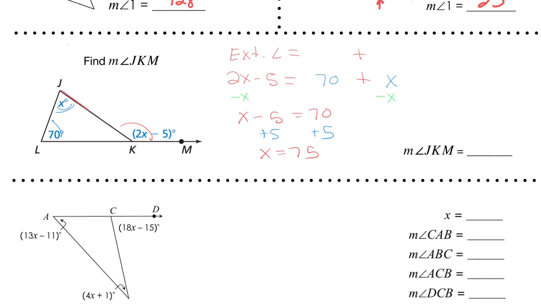Angle JKM is the exterior angle, right? So 2x minus 5, so 2 times 75 minus 5. 2 times 75 is 150, and then take away that 5 leaves me with 145 degrees for angle JKM.